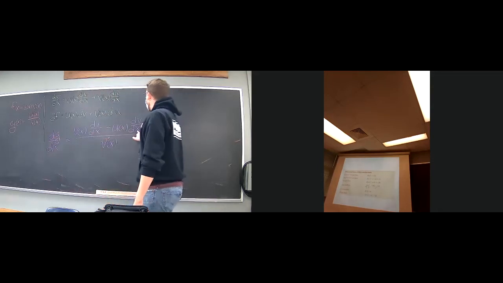So when we multiply dx all the way through, we get these cancellations here. And we're left with dg is equal to v of x du minus u of x dv all over v of x squared.